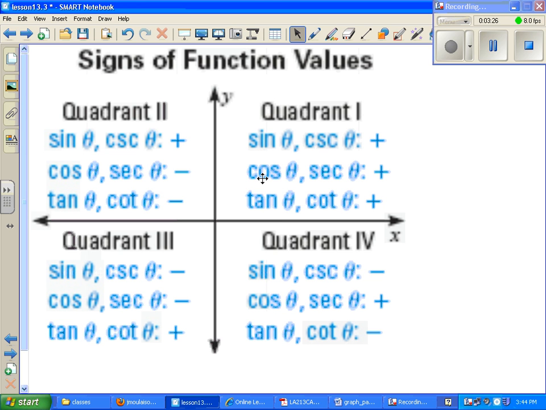Similarly, cosine, that's defined as x over r. Once again, r is always positive, but x will be positive or negative depending upon the quadrant. X is positive in the first and fourth quadrants, which is why cosine is positive in the first and fourth quadrants. And you can see a similar process would allow me to fill out the rest of this chart, determining where the trig function values are positive or negative.